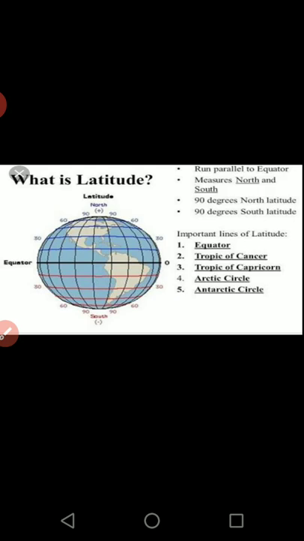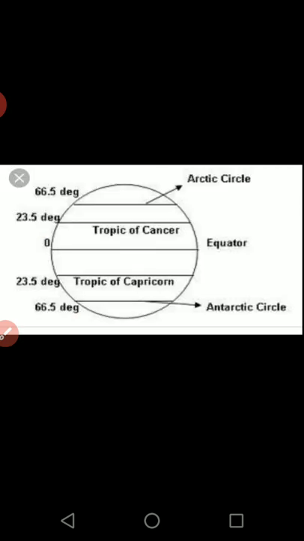Let's see their location. This is the globe on which only important latitudes are marked. The central one is the equator. You can see the Tropic of Cancer is located in the northern hemisphere, and they have written its degree also.